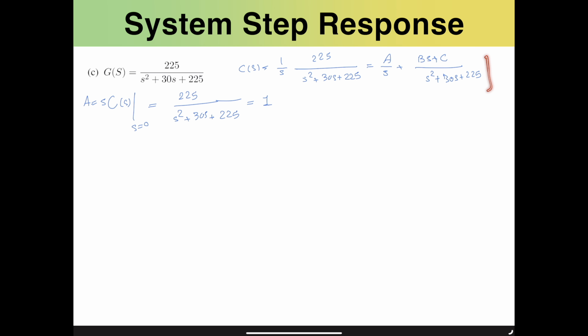So A equals 1. The right side would have been multiplied by s, which in the case of evaluation at s equals 0 would go away as well. So A is equal to 1.